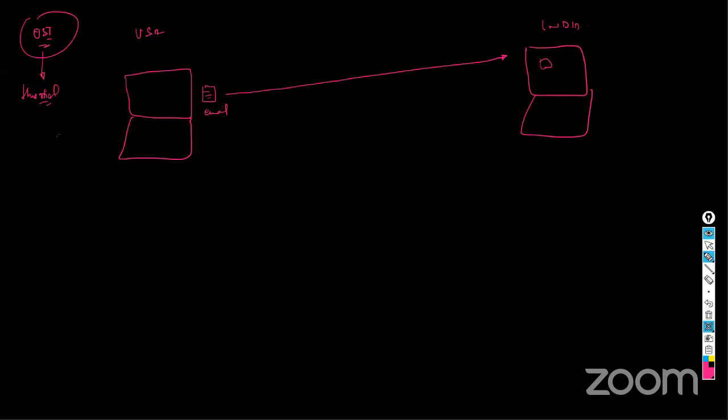OSI consists of 7 layers: application layer, presentation layer, session layer. These 3 layers you will see within your system, and I'm going to tell you where exactly. The next 4 layers, that's your transport, network, data link, and physical, are something you will see outside of your computer.